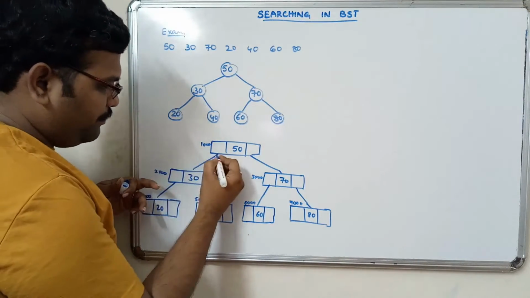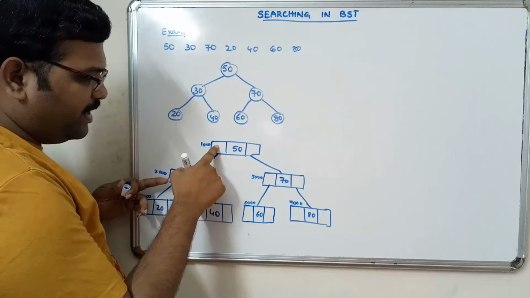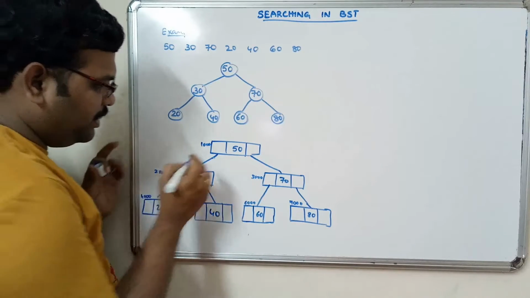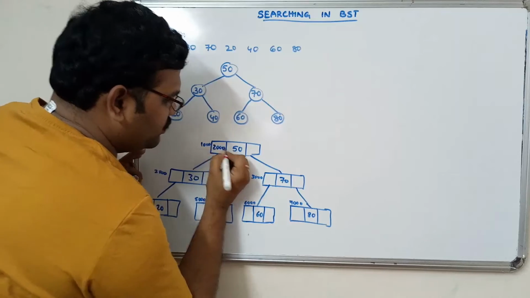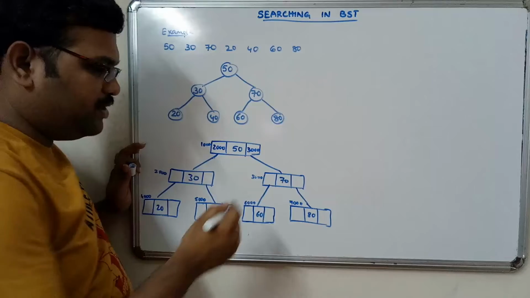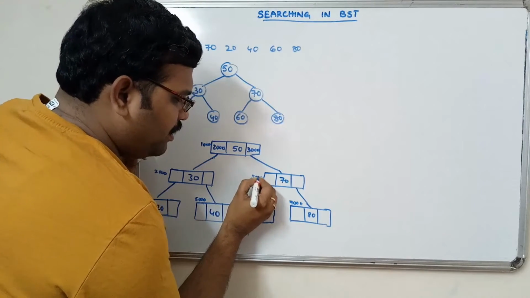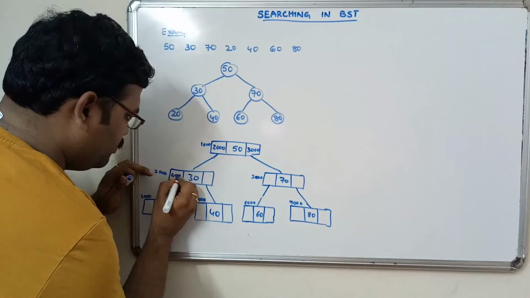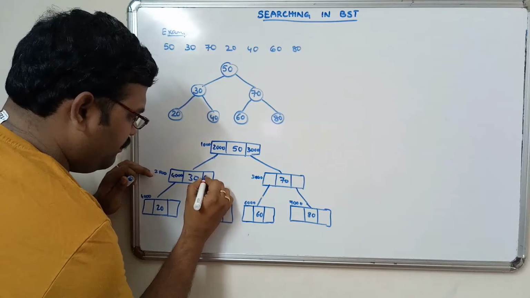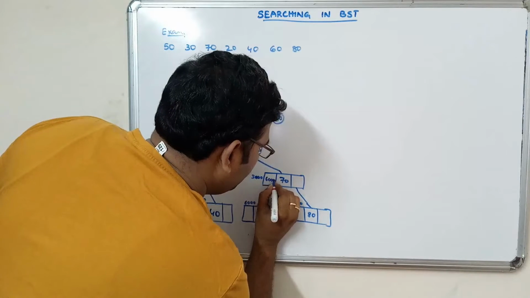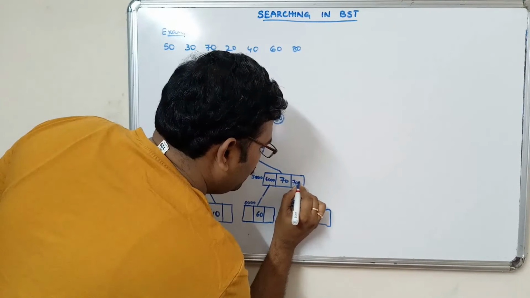So 50's left-hand side, it addresses the 30. So what is the address of 30? 2000. So here we have to write 2000. Here it is 3000. So we have seen the representation of a tree, right? So here it will be 4000, then 5000, 6000 and 7000.